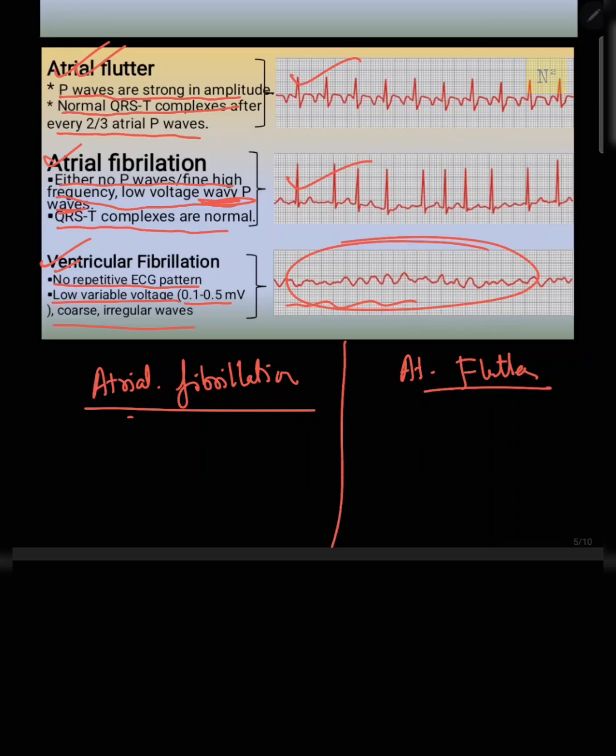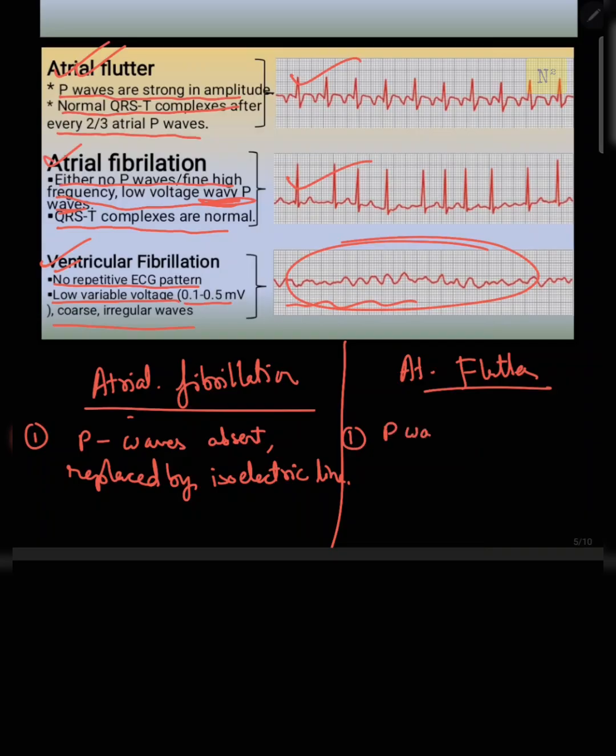The difference is that in the case of fibrillation the P waves are absent or replaced by an isoelectric line.